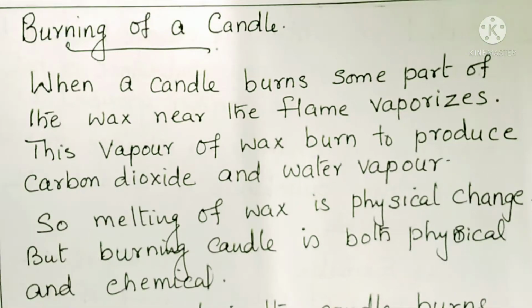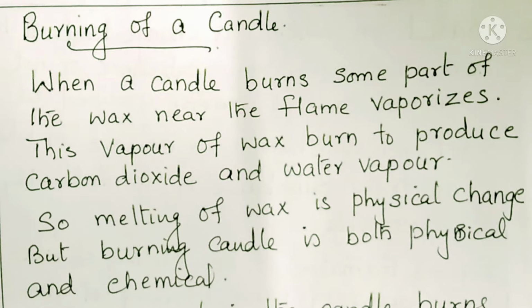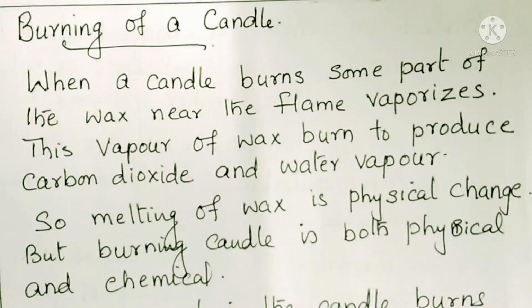Now, let us see some of the changes that take place in our day to day life and identify what type of changes they are. Before going to that, what all changes have we discussed? We discussed reversible change, irreversible change, and then we also learned about physical and chemical changes. Now, all of you might have seen a burning candle. What happens to the candle?